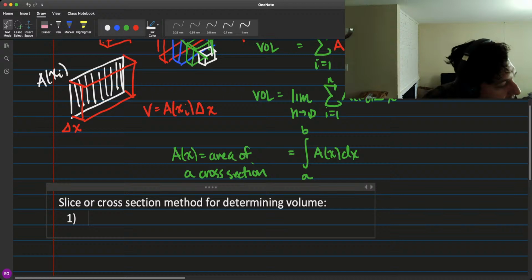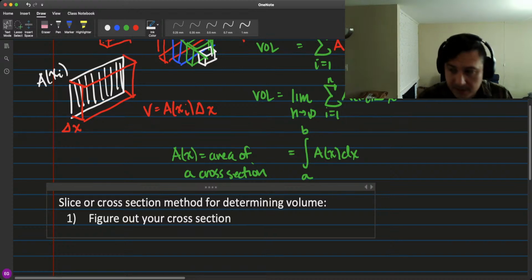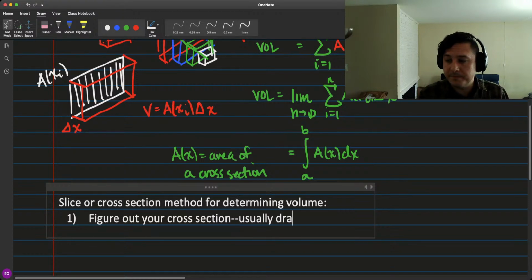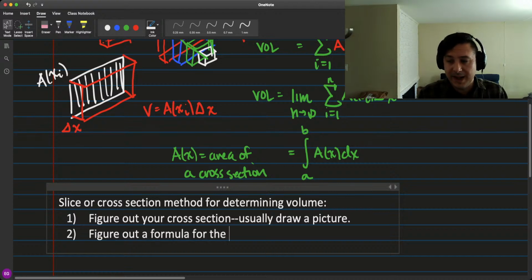Basically, first you should figure out your cross section. Usually that involves drawing a picture. Second, figure out a formula for the area of the cross section, or slice, whatever you want to call it.